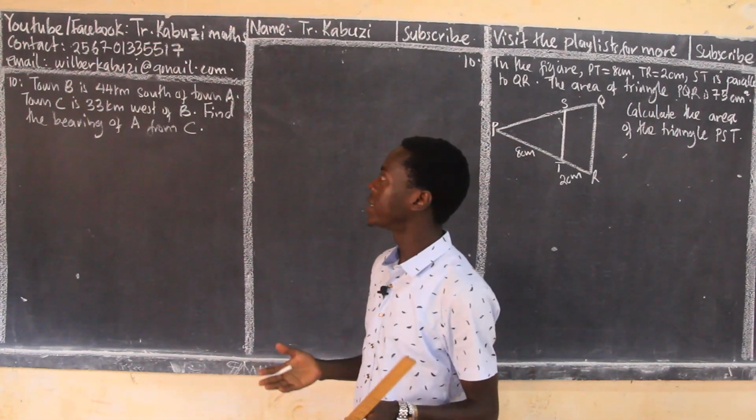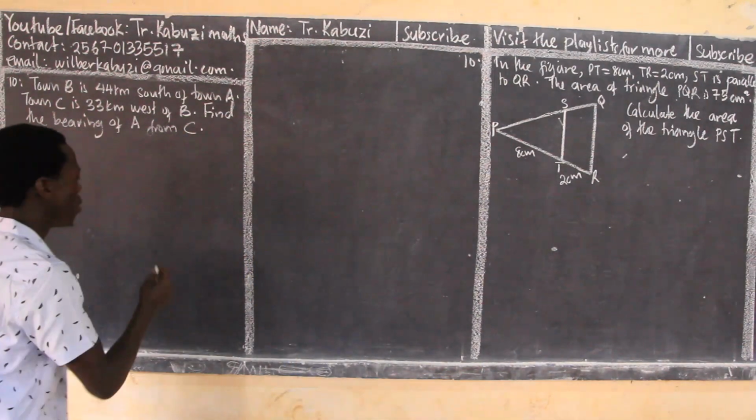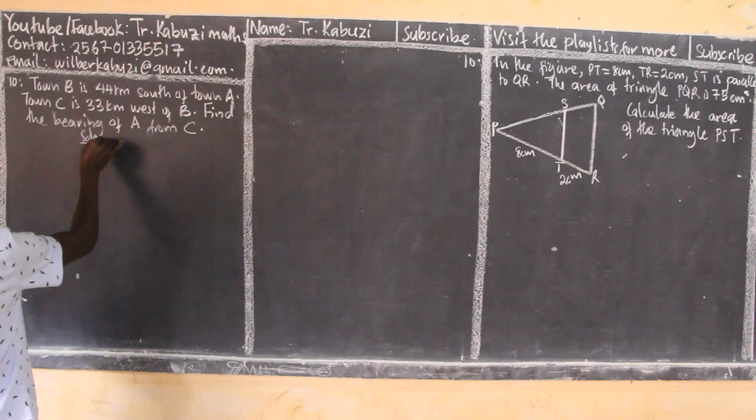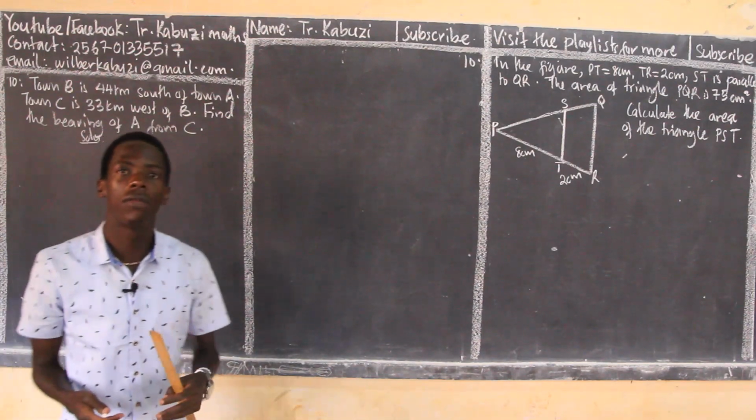Now you can choose the scale, you can use your own scale, but the better scale was in our solution. You convert these to centimeters by saying, let me use a scale of 10 kilometers to 1 centimeter.